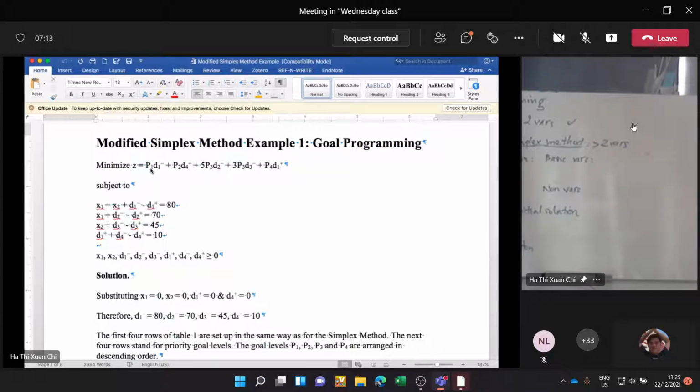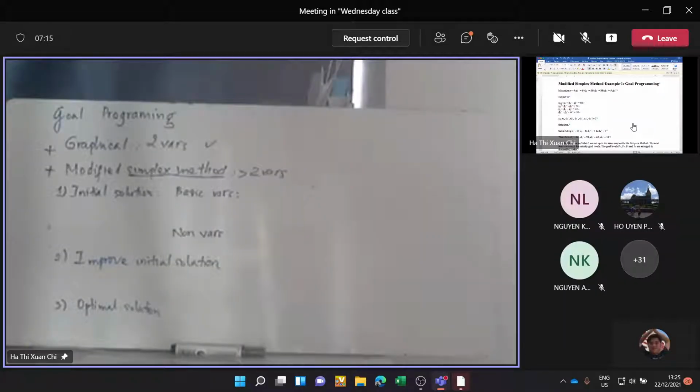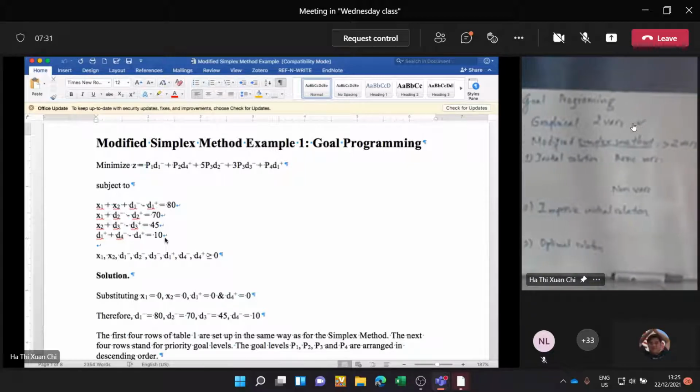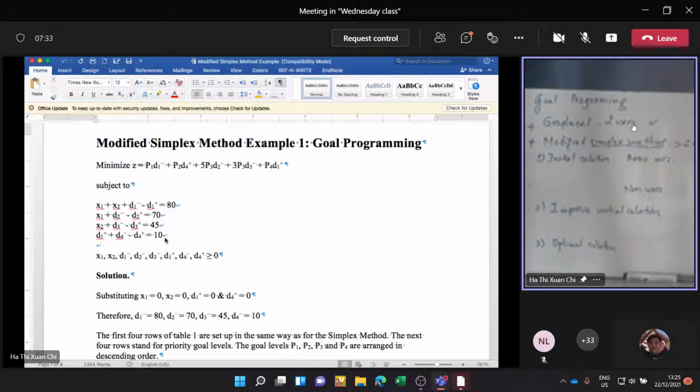We minimize, right? And you have the subject 2. So right now we find the optimal solution. We find the optimal solution for this case.